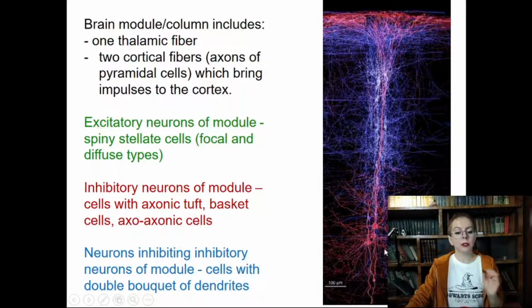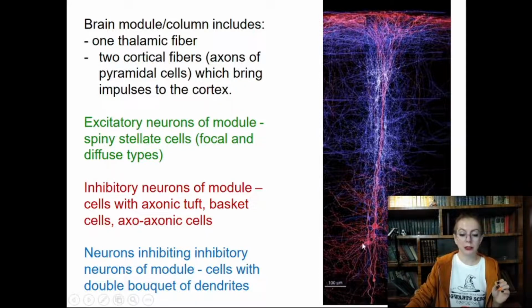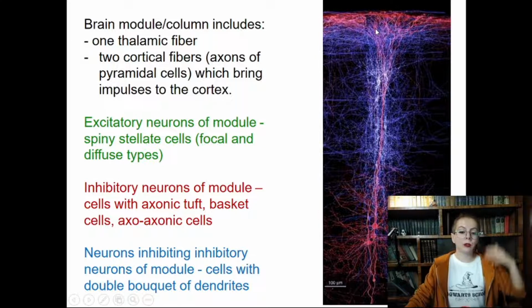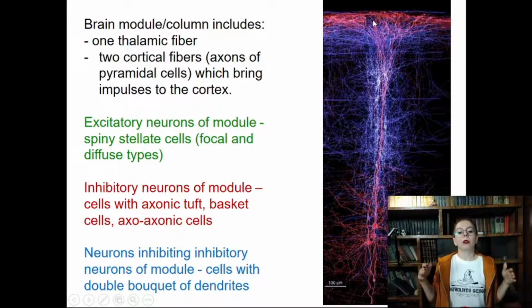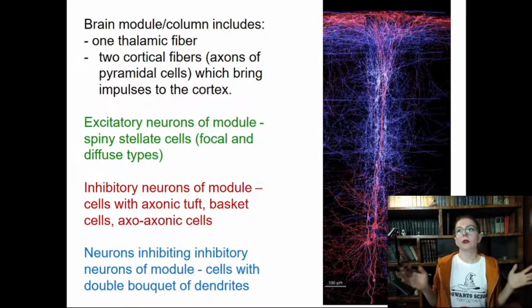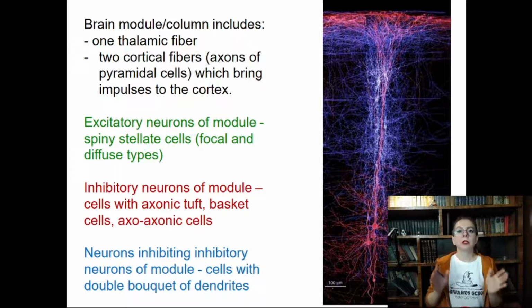Here a confocal image is given, a three-dimensional histological image with a Betz cell and its branched dendrites. As we have said, they span all the above layers of the cortex. So one Betz cell together with assisting neurons and fibers represents the morphofunctional unit which is called the brain module or column. What does it include?